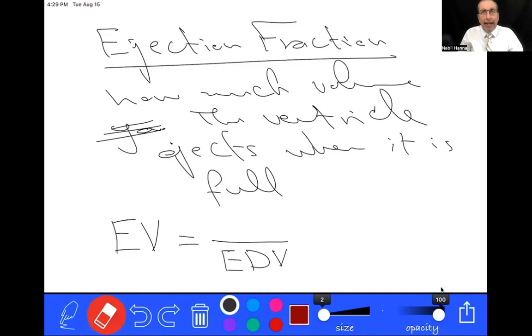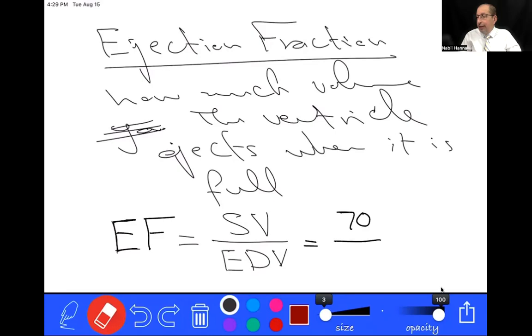You spent $80 and the ventricle ejects the stroke volume. So that's the ejection fraction. Sorry, this is an F, not a V, fraction. So that's the ejection fraction. It's the stroke volume, which is about 70, divided by the end diastolic volume, which is about 135, and the ejection fraction is 52%.